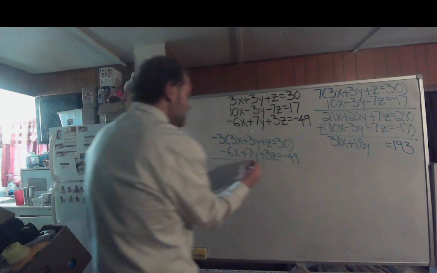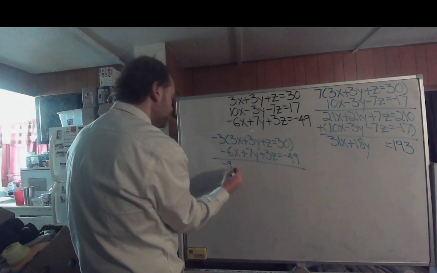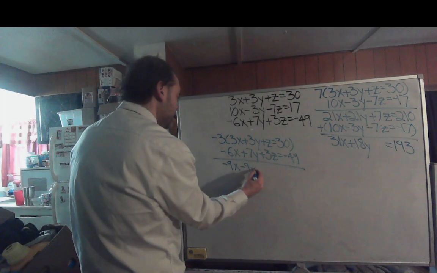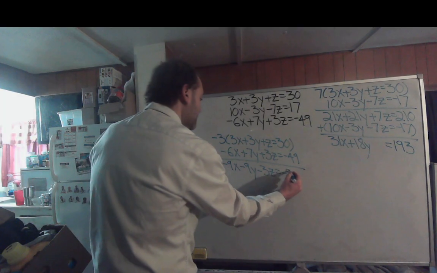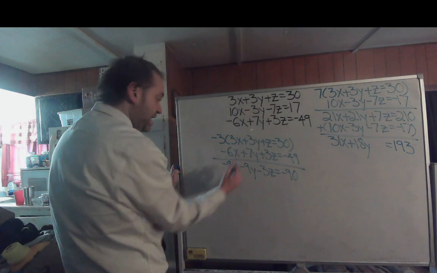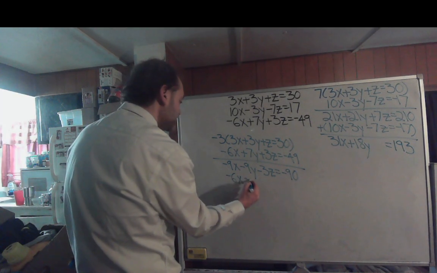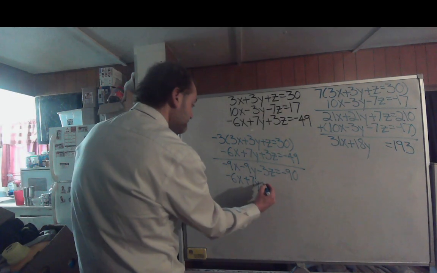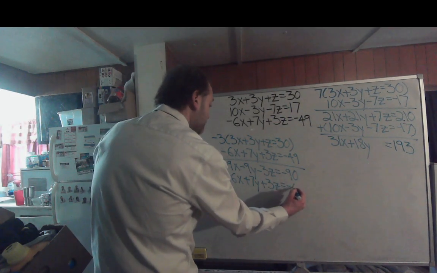So let's go ahead and distribute this negative 3 into the first one. I would end up getting negative 9x minus 9y minus 3z equals negative 90. And then add the third one, which would be negative 6x plus 7y plus 3z would equal negative 49.